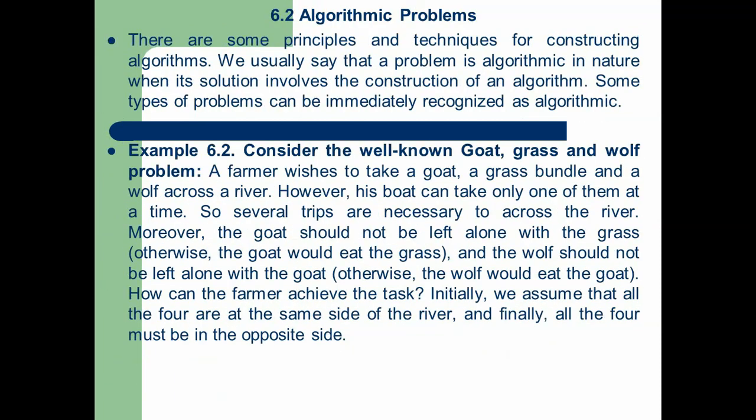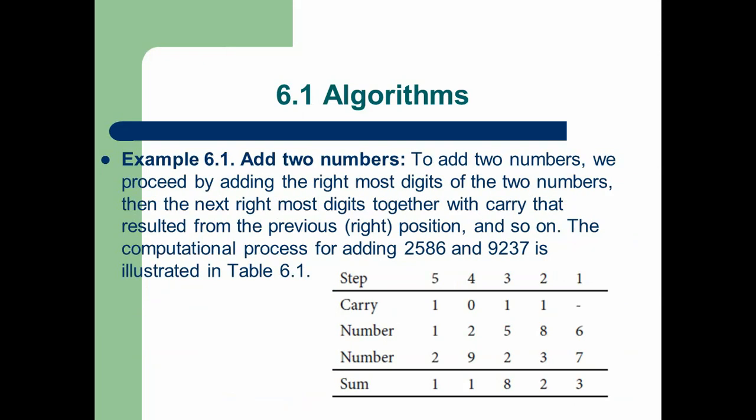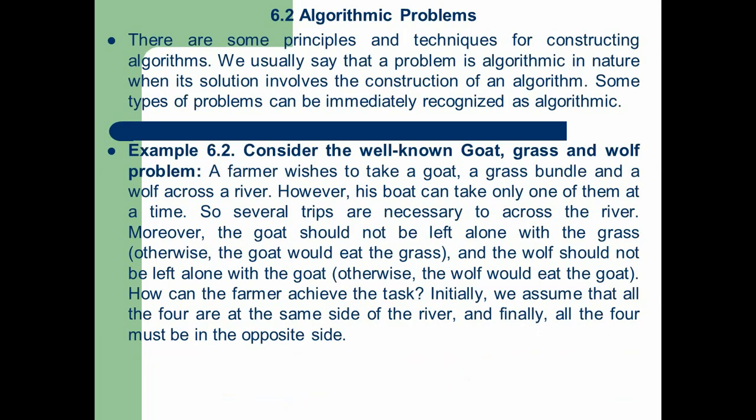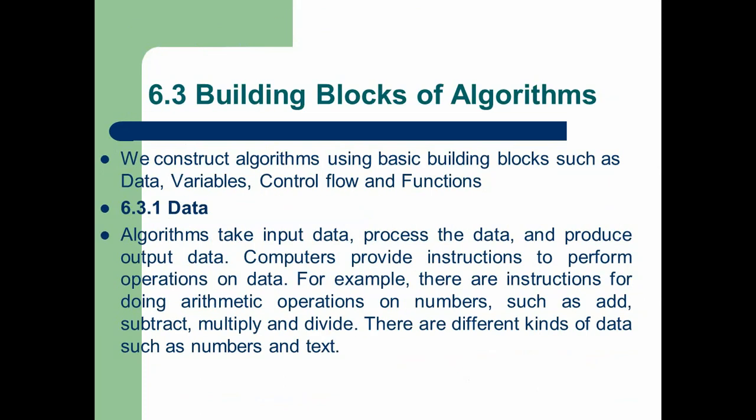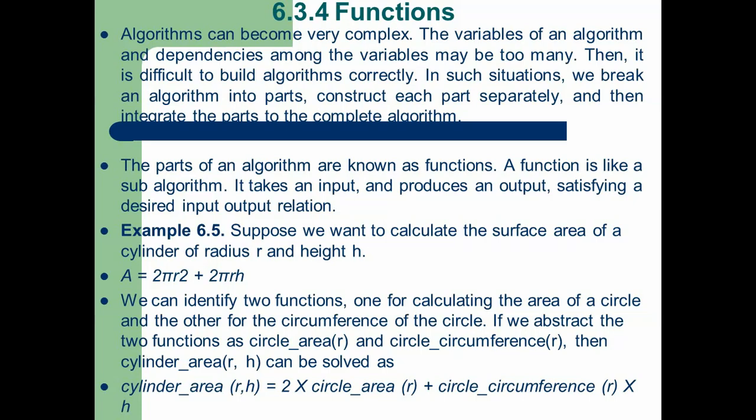The main concept is that we should know what an algorithm is and how we can produce an algorithm. For creating an algorithm, we need the four building blocks: data, variables, control flow and functions. We will see the continuation of this class in the next class. Assalamu alaikum.